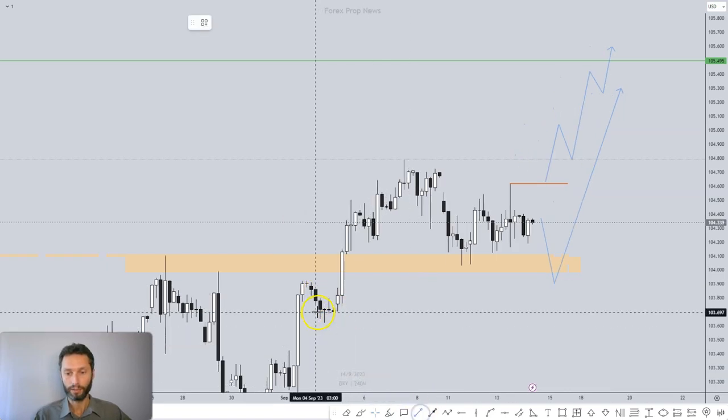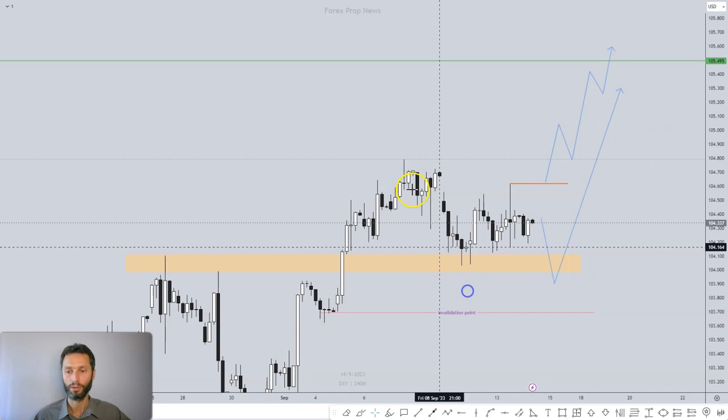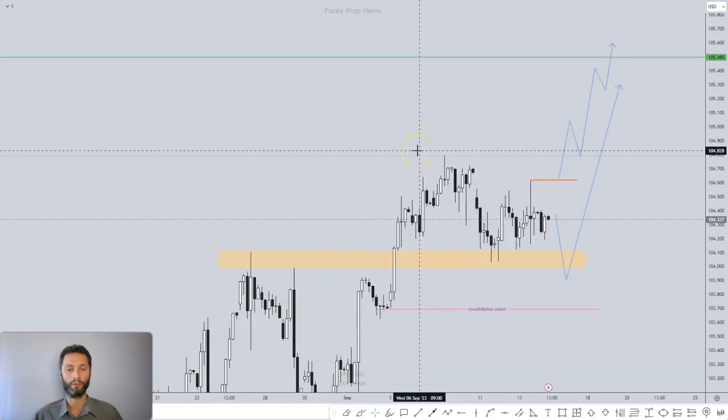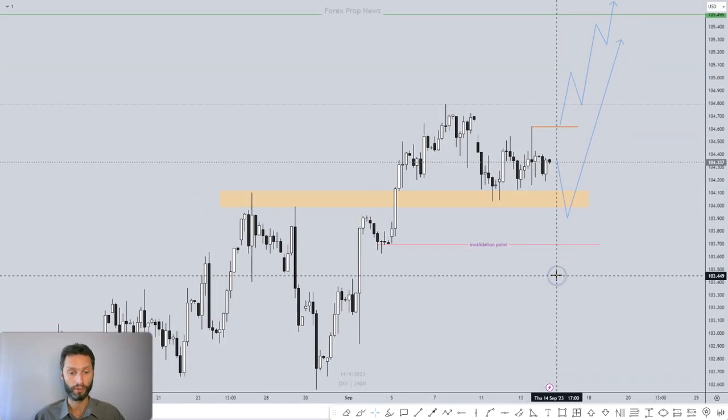The invalidation becomes this low here. So not expecting for now the dollar to head lower, but if it does, then that would signify a change of the structure in the market.